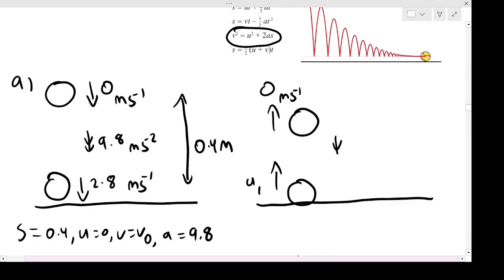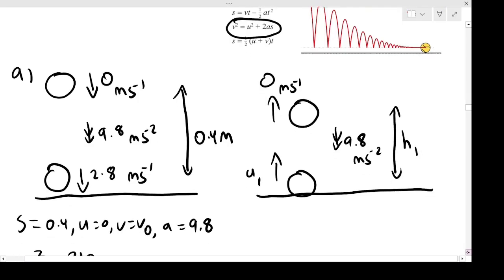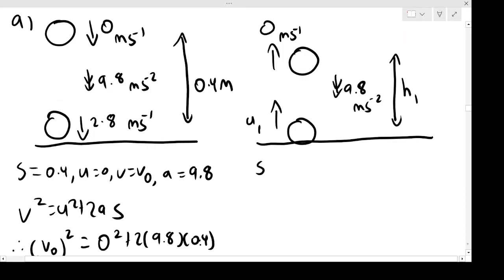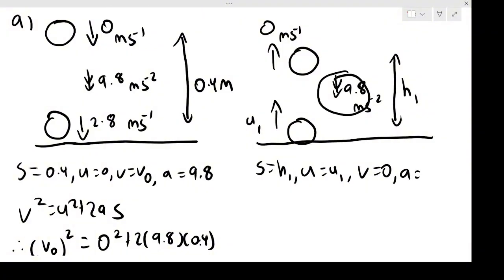Of course, again, the acceleration downwards is 9.8. And the height, now the height is what it wants me to work out here. I'm going to call that H1. Okay, so if I list my SUVAT here, S is H1, U is U1, V, well, the final speed is 0, and A, because we're going upwards now, it's going to be minus 9.8, as again, it's going downwards in the negative direction.